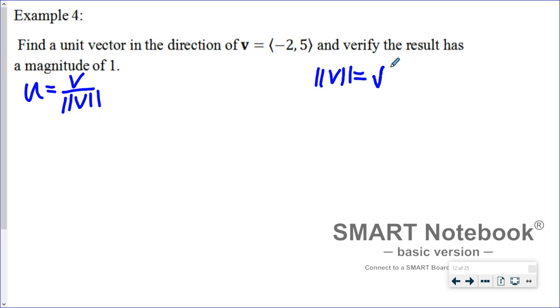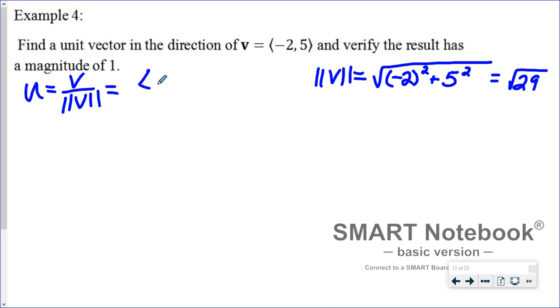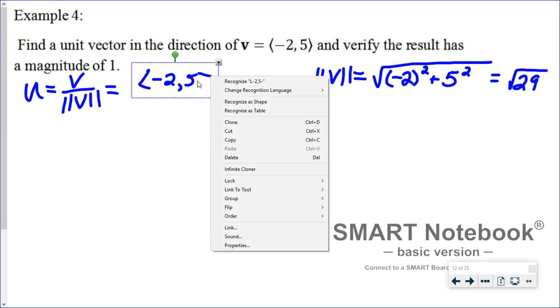So this is the square root of negative 2 squared plus 5 squared, so the square root of 4 plus 25, which is simply the square root of 29. Then this is going to be negative 2, 5.